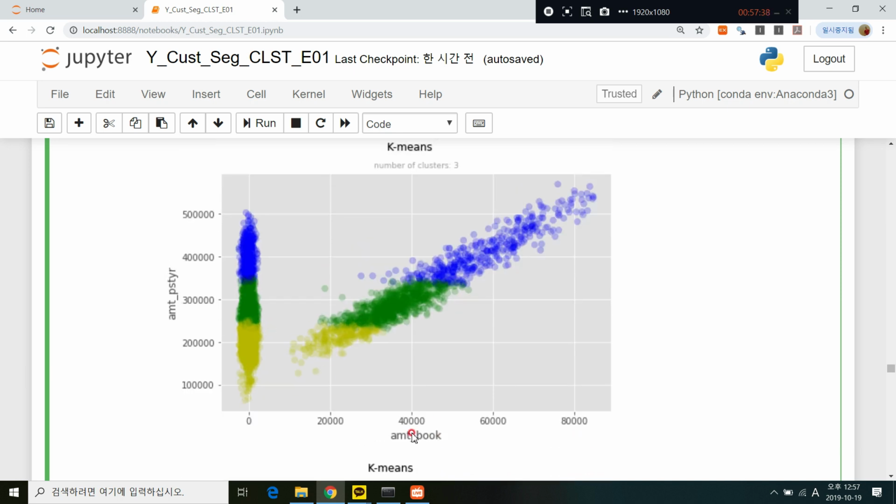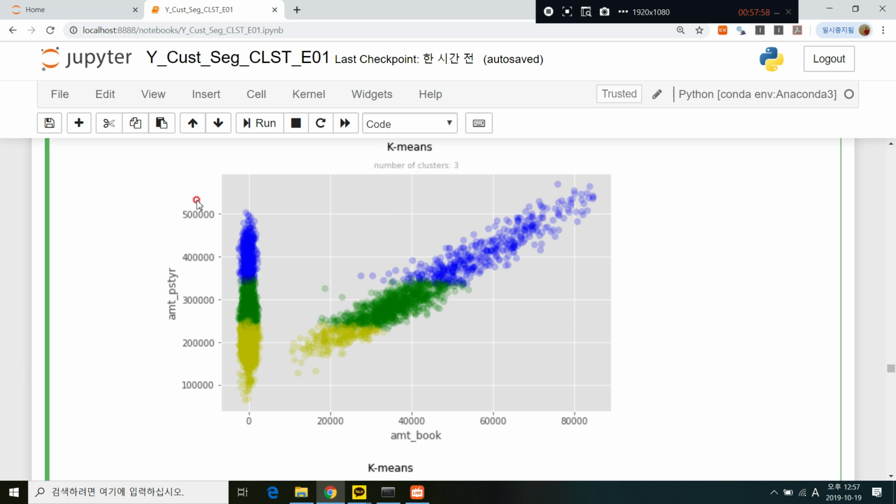Okay, amount booked and amount past year. What you see is that the clusters are quite distinctively separated in the scatter plot.